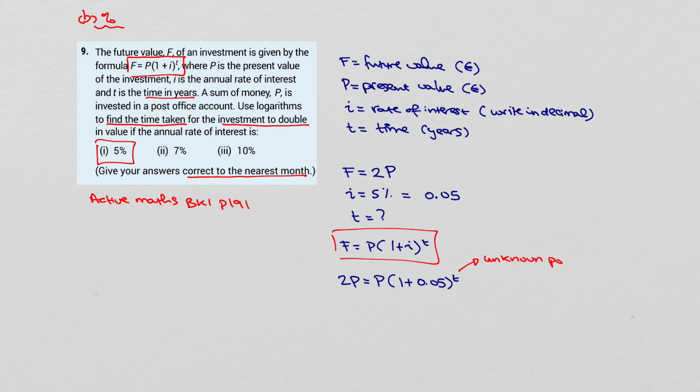And when we have an unknown power, we need to get log of both sides. But before I can get log of both sides, I need to get rid of the number in front of the exponential part. So basically, I'm going to divide both sides across by P. So 2P divided by P is just simply 2. 1 plus 0.05 is 1.05 to the power of t. And now I can get log of both sides.